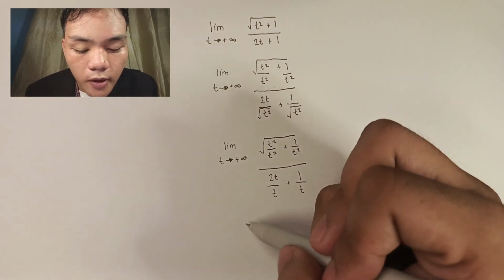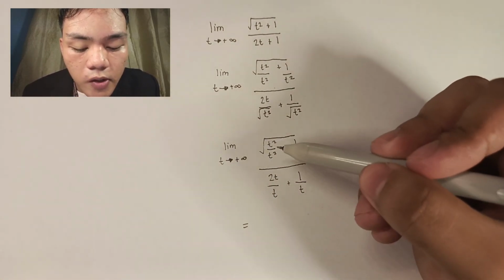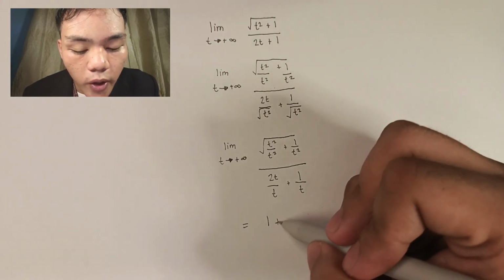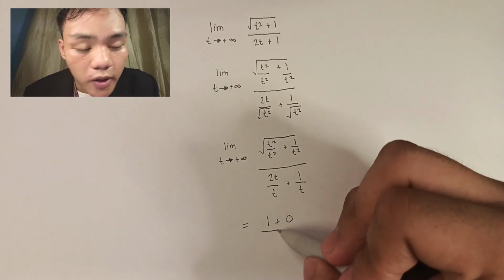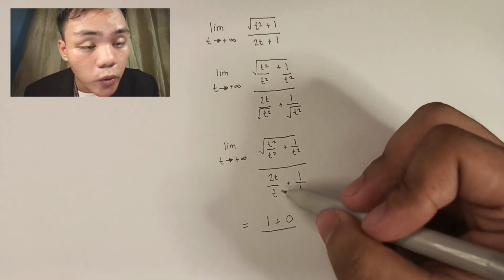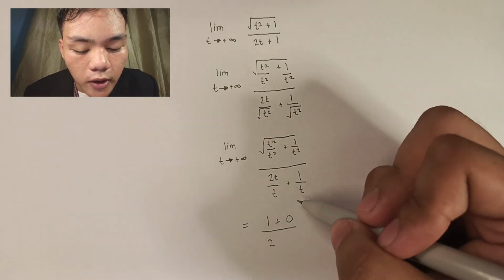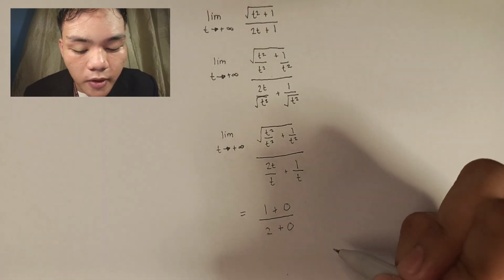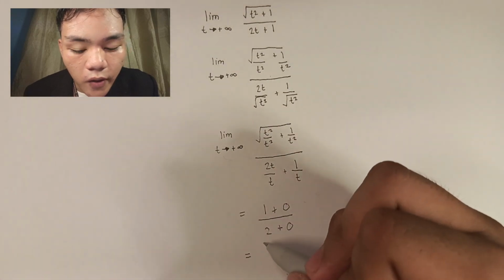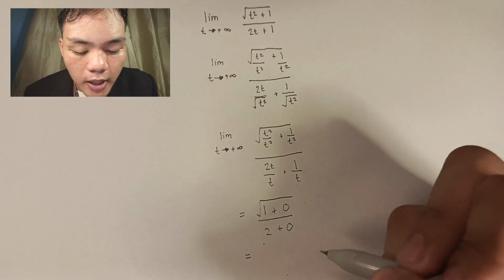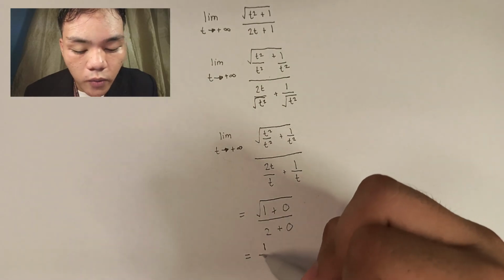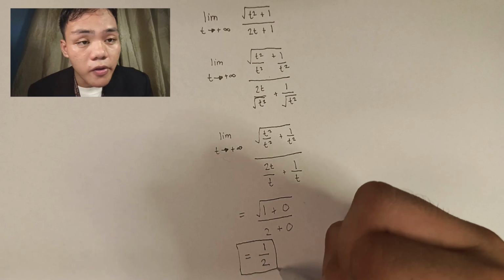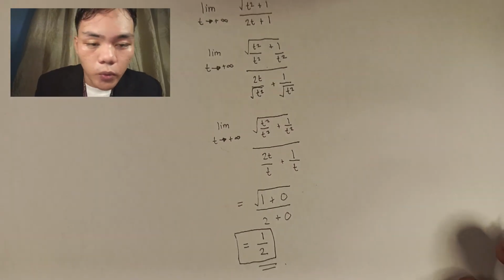So t over t will get 1, and 1 over t squared will get 0, over 2t over t. They have the same degree, so we'll use the leading coefficient, which is the 2, plus 1 over t, which we know is equal to 0, so the answer is 1/2, or 1 over 2.